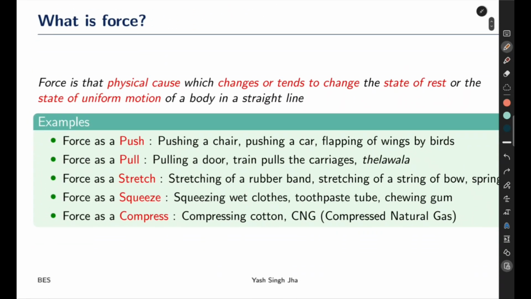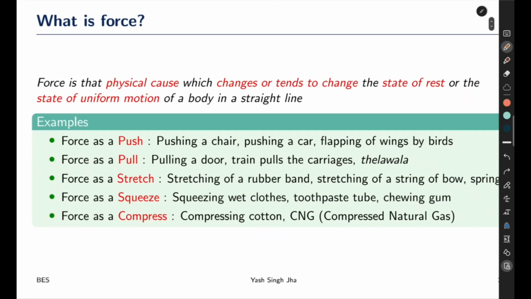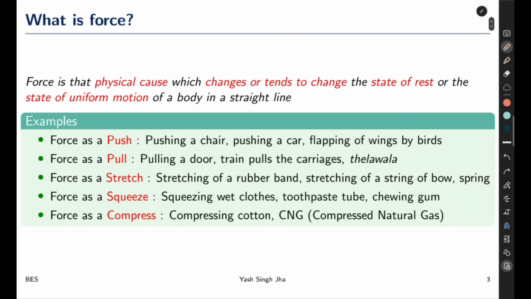So, what is force? The purpose of this lecture is also to induce in you a genuine curiosity for the subject. Physics, by definition, is the study of the universe around you. Everything and whatever that happens around you can be studied, and that study is called physics.